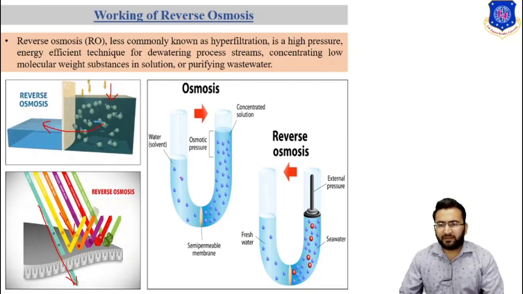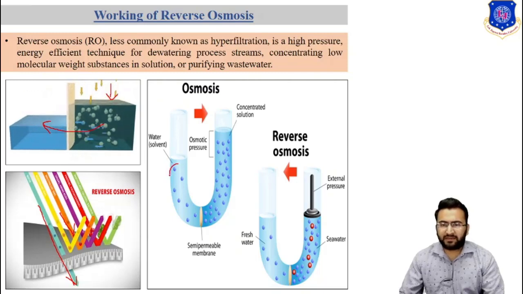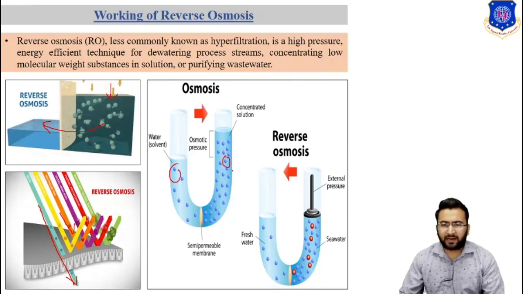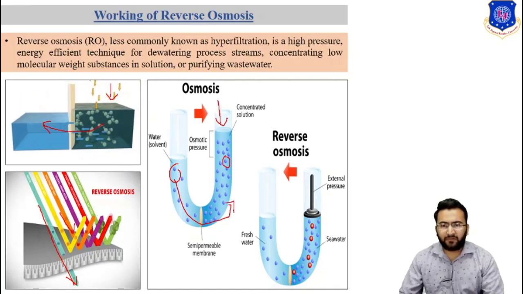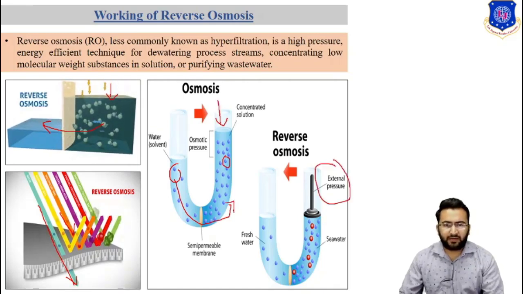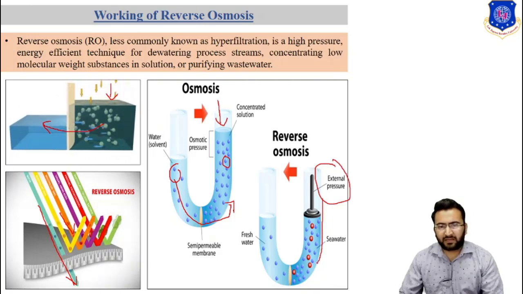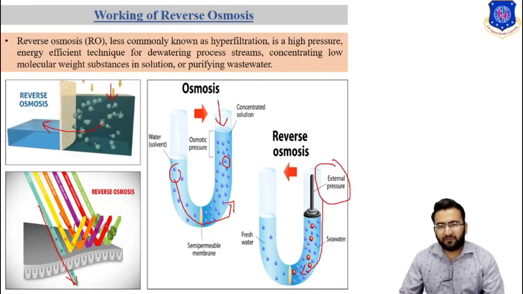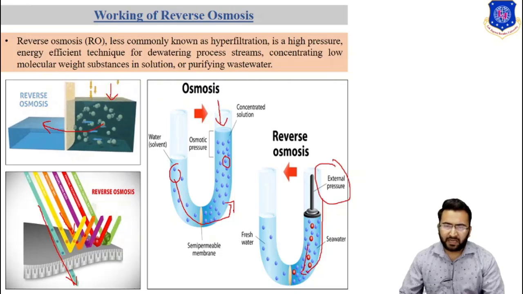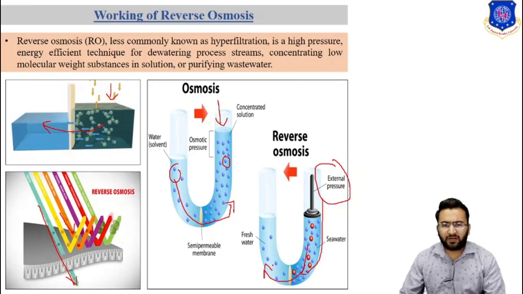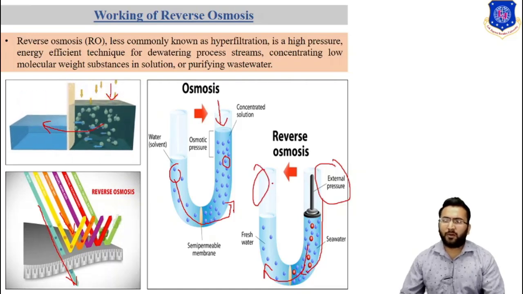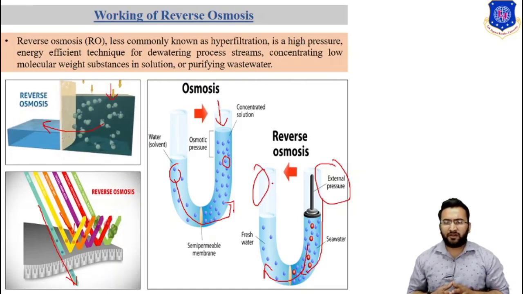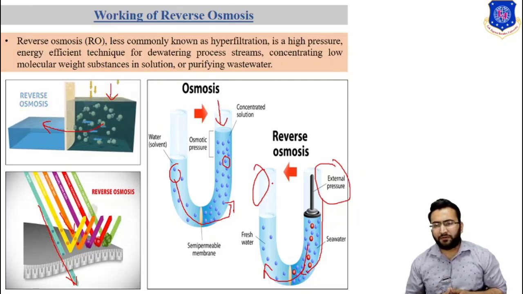In osmosis, the water passes from the clean side to the salt side, whereas in reverse osmosis, to overcome this pressure, we have to apply some external pressure that reverses the osmotic pressure, and we can get clean water from the salt side to the clean water side. So this is all about the working and principle of reverse osmosis.